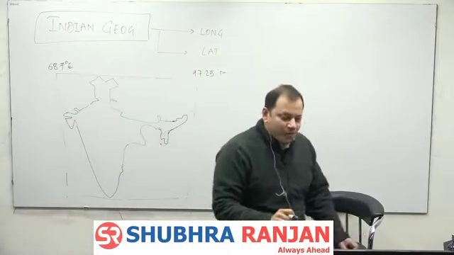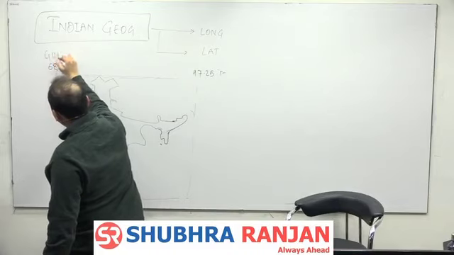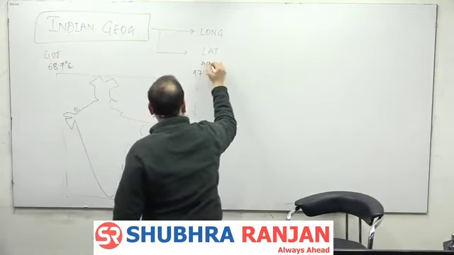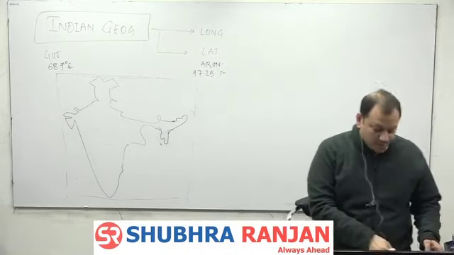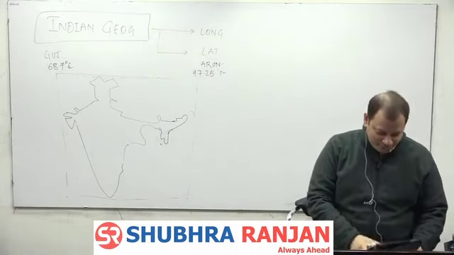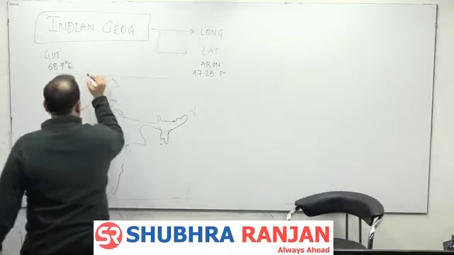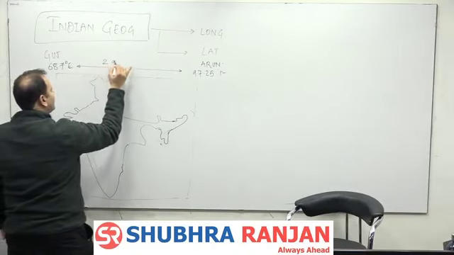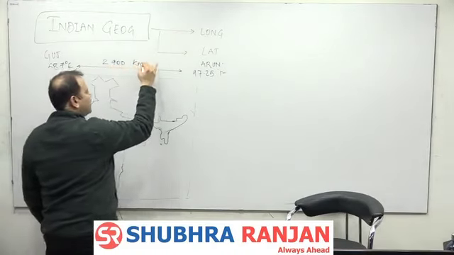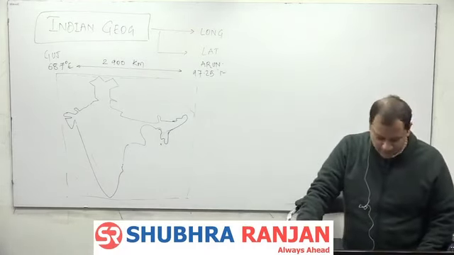You already know. Between Gujarat and Arunachal Pradesh, for a distance of somewhere around 2,900 kilometers.